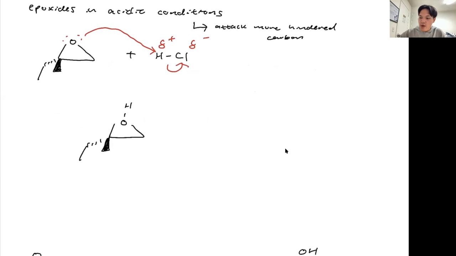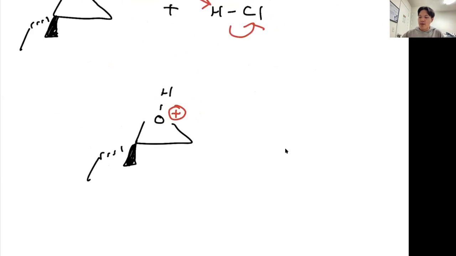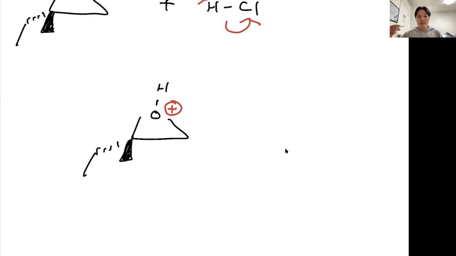If we do a quick formal charge, this oxygen has a +1 formal charge. And let's think about why it happens on the more hindered side, right? So this carbon is a tertiary carbon versus a primary carbon. Because this oxygen has a positive charge, it's going to be pulling electron density away from these carbons, right?